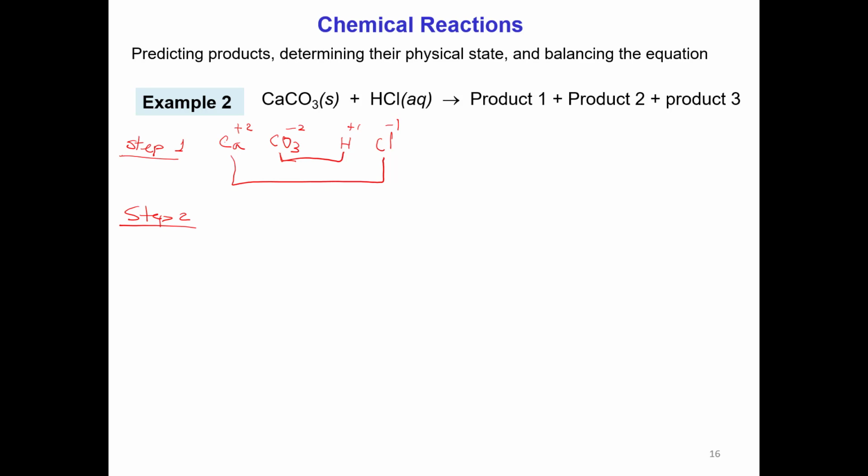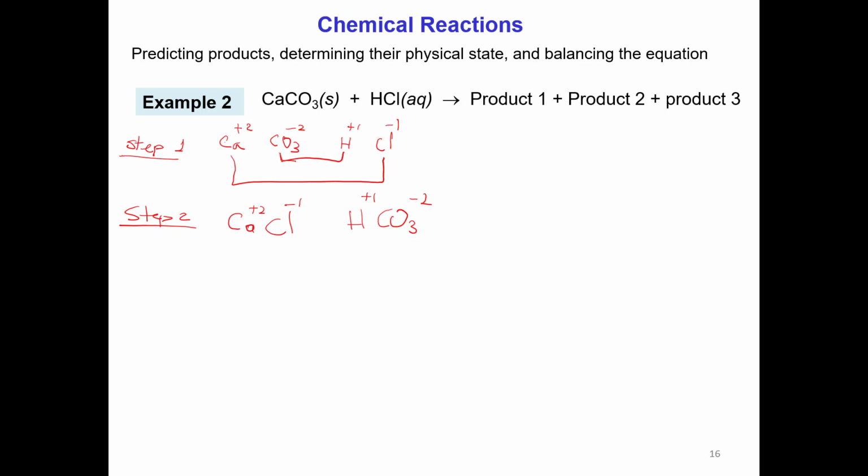Let's write here the first one, always the positive first, and the negative will be the second one. Here will be hydrogen first, which is +1. This is -2. Now we need to get neutral products. Here we had +2, -1, which is not neutral.